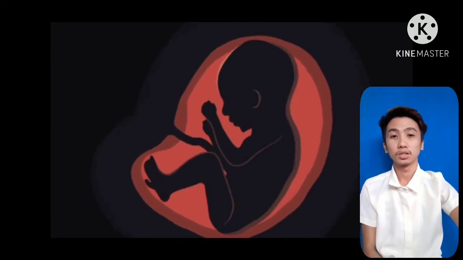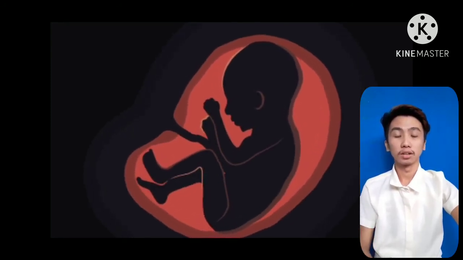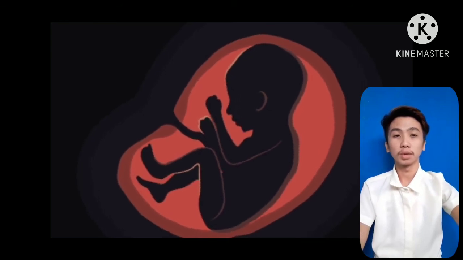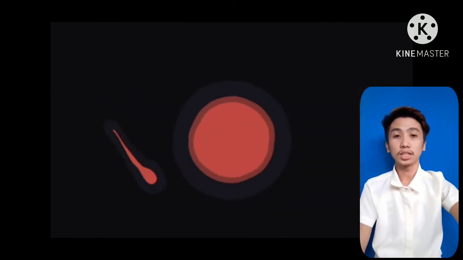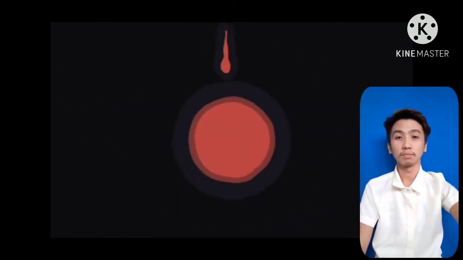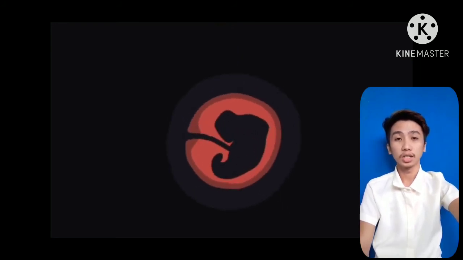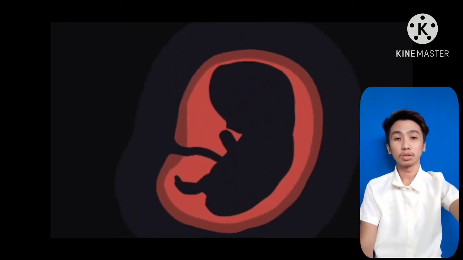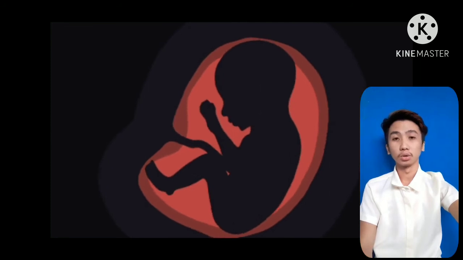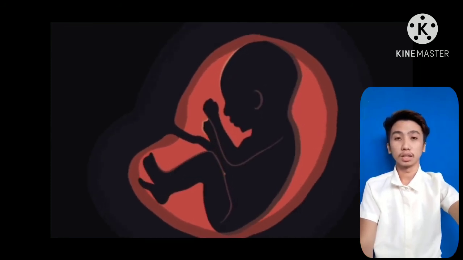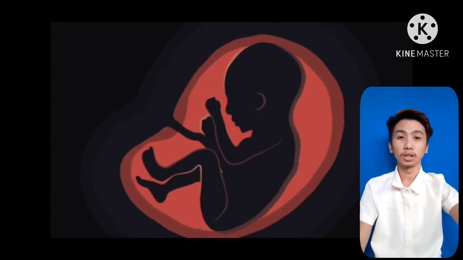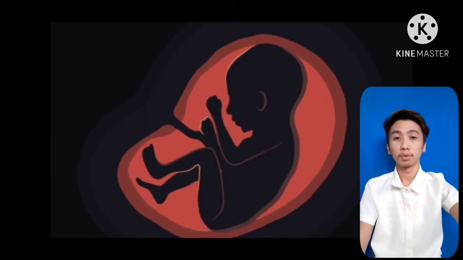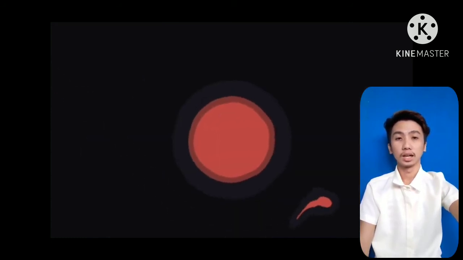The fourth stage of embryonic development is the growth. This is the last stage of embryonic development. In this stage the organism goes through a period of growth. Growth is more on the development or the progress that happens in a body or in a cell.